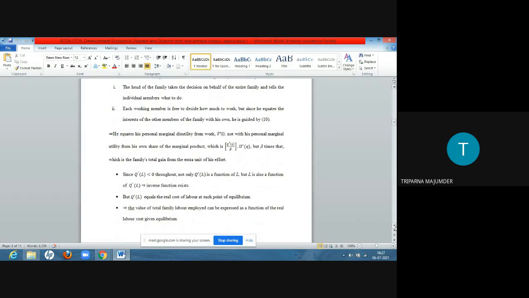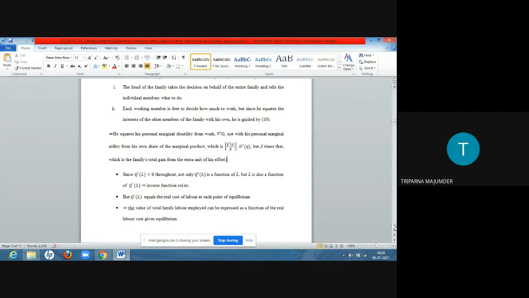Now, since Q''(L) is less than 0 throughout, not only Q'(L) is a function of L, but L is also a function of Q, which implies that the inverse function exists.